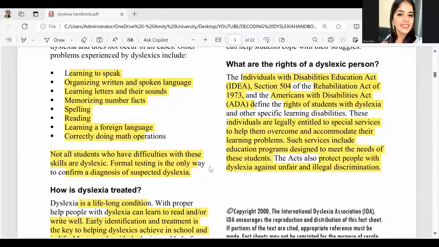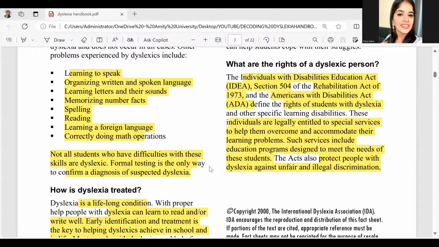Now, the next point is very important. Not all students who have difficulty with these skills are dyslexic. All of these difficulties can differ, and it depends upon the area, the regional language, the environmental changes, and the family situations.